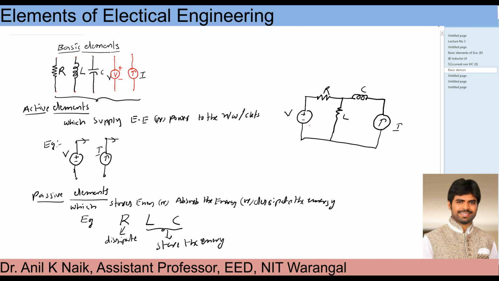This one is supplying energy, and this one is also supplying energy to the rest of the network. So the voltage source and current source are the active elements, and the rest, R, L, C, absorb the energy, so R, L, C are my passive elements.